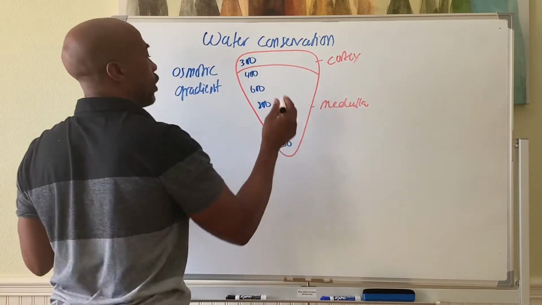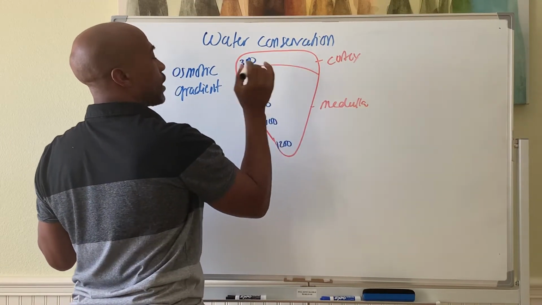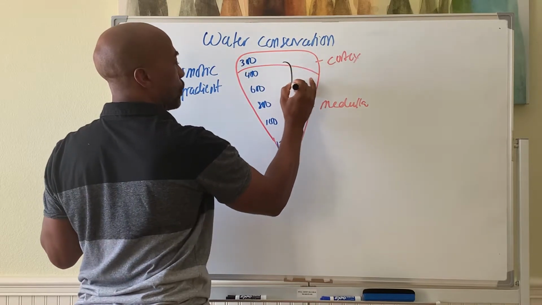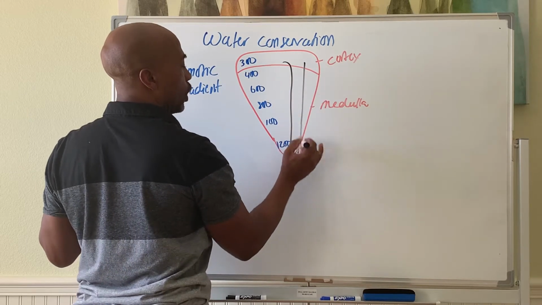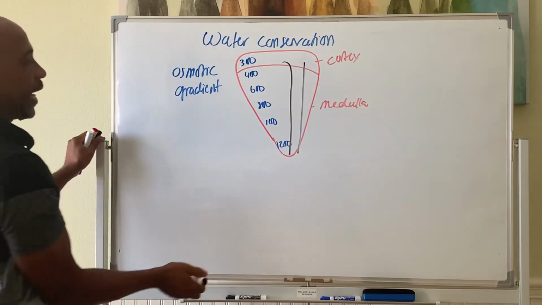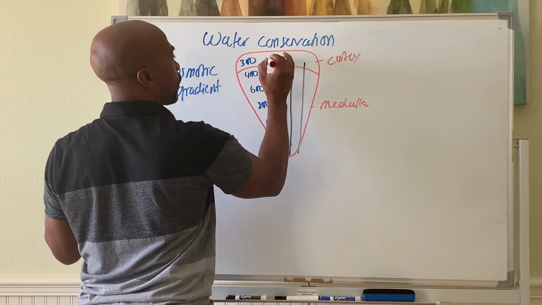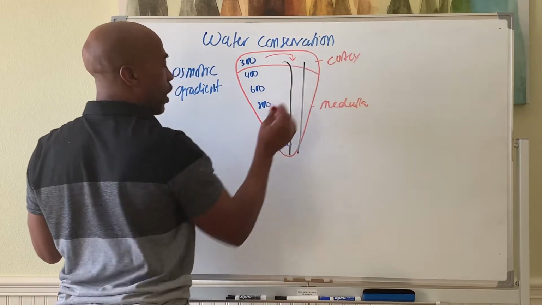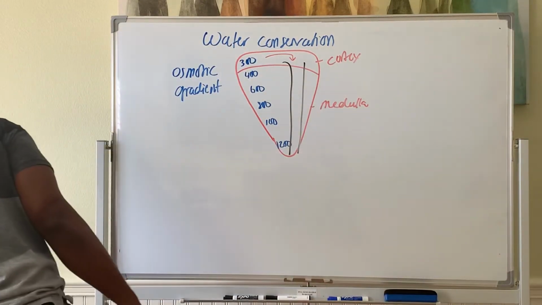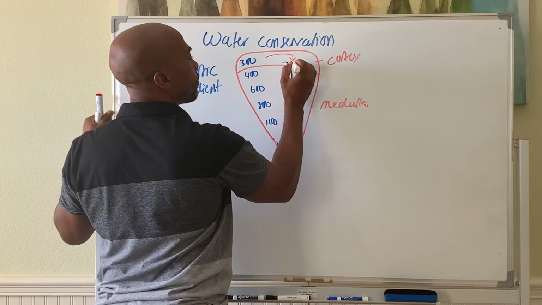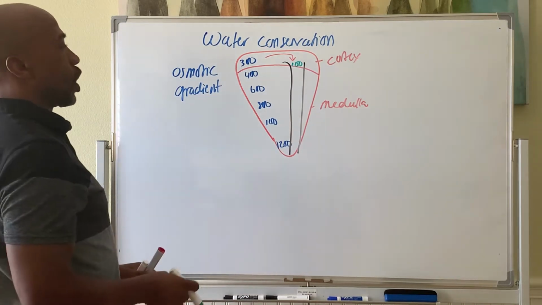Now, imagine that the collecting ducts pass through the medulla on their way down to the papilla to drip off the urine into the minor calyx. The filtrate coming into the collecting duct will come in at around 100 osmolarity.